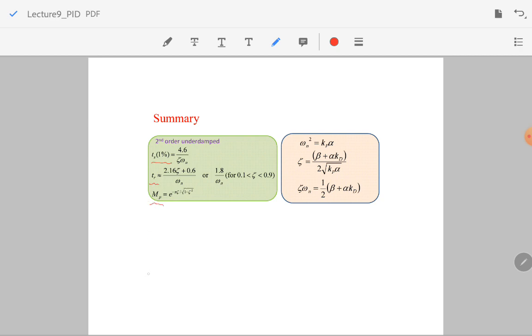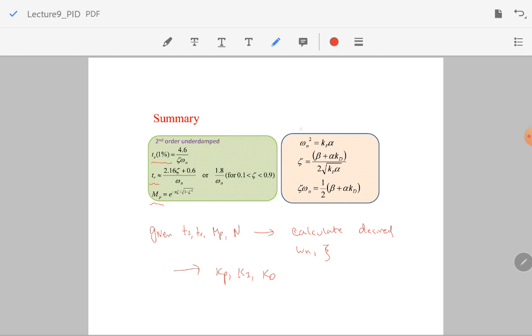So given, let's say, Ts, Tr, Mp, and number of oscillations, you have to calculate the desired omega n and zeta. And given omega n and zeta, you have to figure out what kind of Kp, Ki, and Kd you use for the controller.